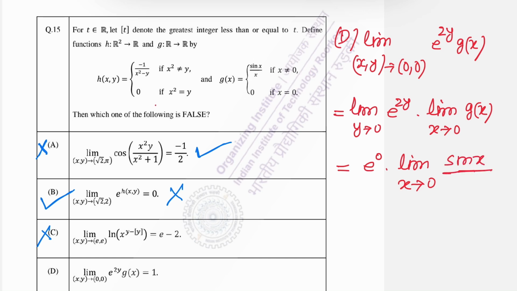And from your early school days, this is 1, this also is 1, so 1 into 1 is 1, and obviously the same thing is here in option D, so it is correct. This was correct. As we have to choose the false one, this D is not our option.